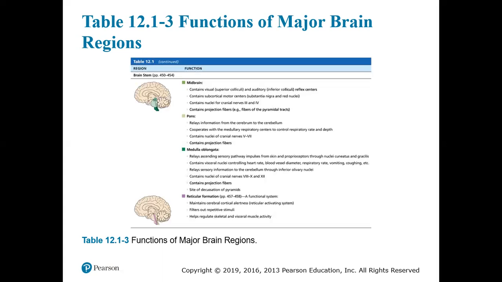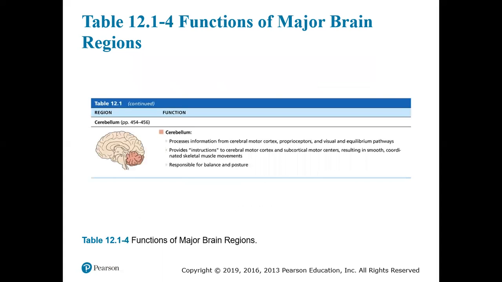This maintains the cerebral cortical alertness and filters out repetitive stimuli. The cerebellum is responsible for balance and posture, processes information from the cerebral motor cortex, proprioceptors, and visual and equilibrium pathways, and it will provide instructions to the cerebral motor cortex and the subcortical motor centers.